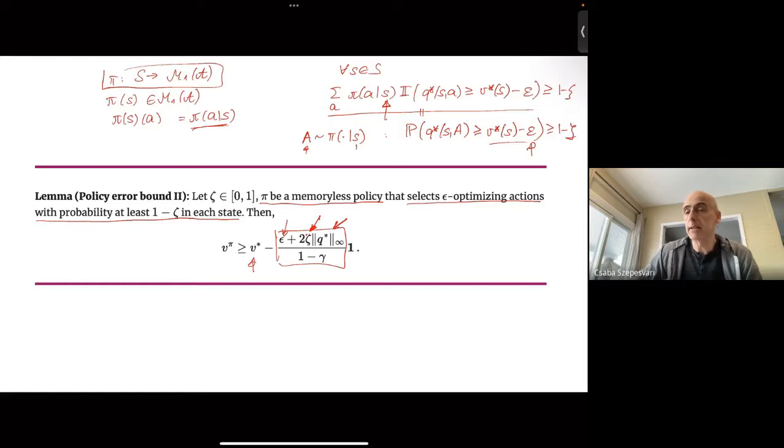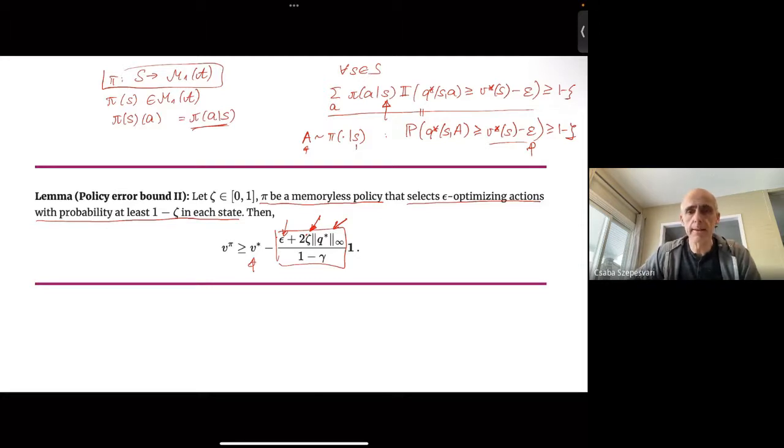But if zeta goes to 0, then this term can also be put under control, and the whole error can be controlled by controlling both epsilon and zeta. So nothing really bad happens if, with some positive probability, but not a large positive probability, you're selecting actions which are not that great, even though the policy continuously samples these actions, and eventually it will select bad actions, but still nothing really bad happens.